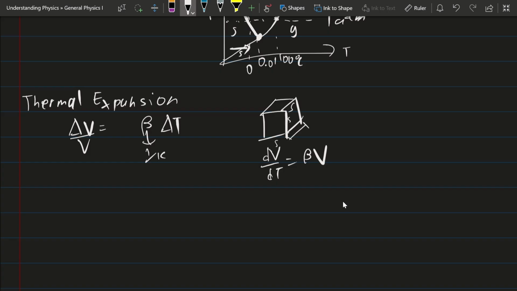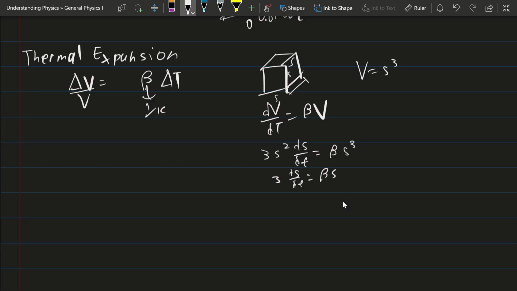And if you plug in V equal to S cubed, this would be 3 S squared dS over dt equal to beta S cubed. So you would get 3 dS equals beta S. With this, you could see that you would get a delta L, which equals beta over 3 delta T times the original length, L.